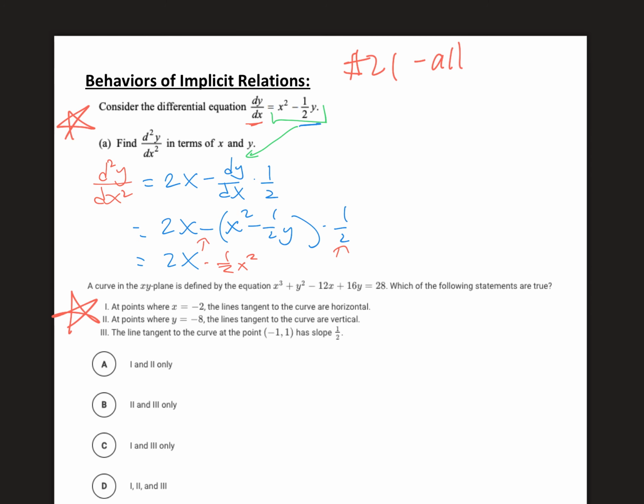And then negative 1/2 times negative 1/2 y becomes positive 1/4 y. Plus 1/4 y. Okay, so that would be your complete answer. The second derivative is equal to that.